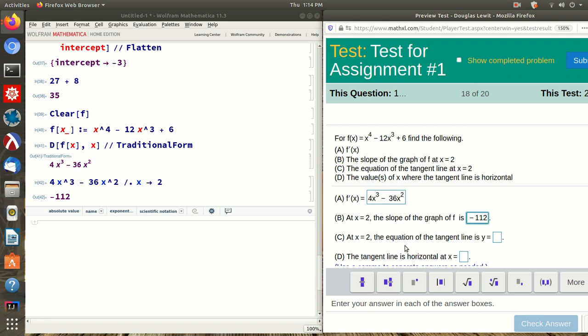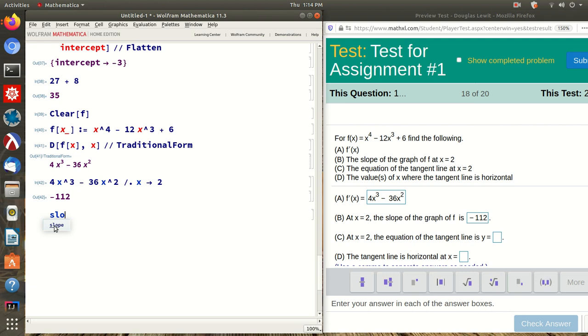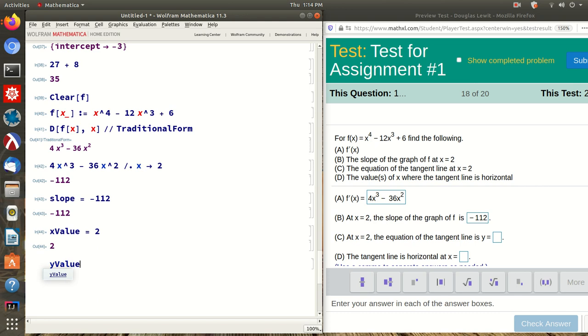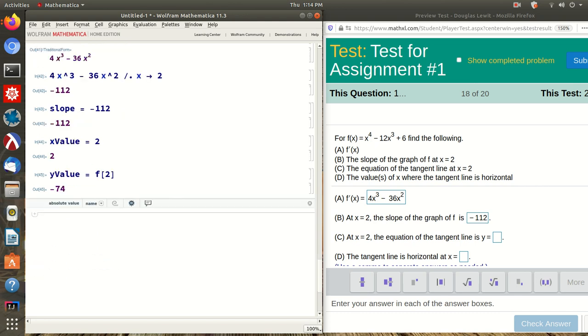At x is equal to 2, the equation of the tangent line is, okay, so I know that my slope is equal to negative 112. Whoops, shift enter. The x value is 2. The y value is going to be f of 2, which is negative 74. So just like last time, y is equal to slope times x plus intercept, and I have to figure out the intercept.